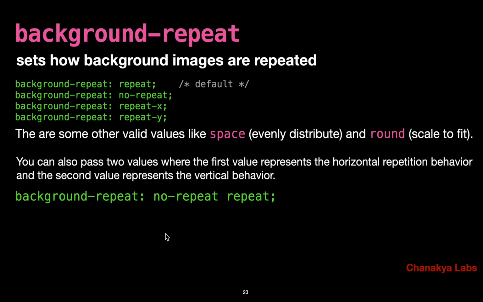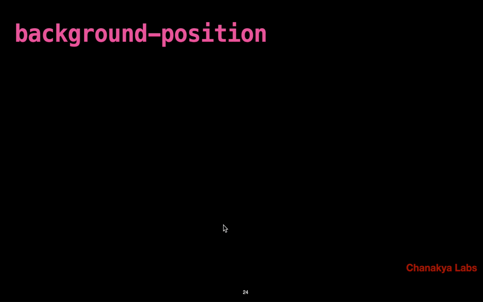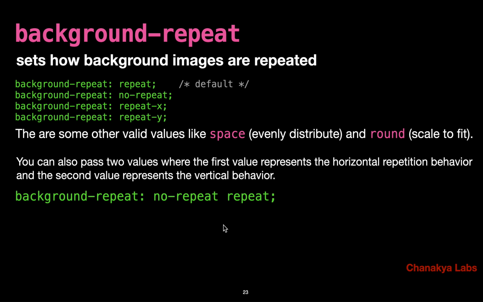If the horizontal direction is no-repeat and the vertical direction is repeat, then I could simply use repeat-y. Yes, that you can do, but you can also configure it as two values, just to highlight that. Otherwise, in most cases, these things are not needed. But the point is that it can accept two values, and if you give two values, the first one is the behavior of the horizontal one, and the second one is the behavior of the vertical one.